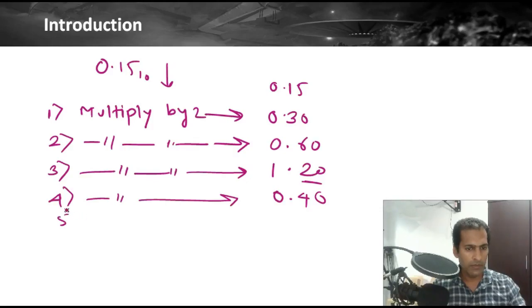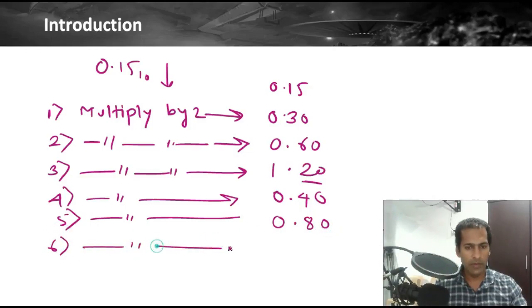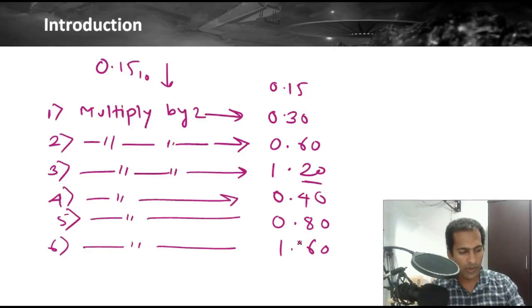And then fifth step again we will multiply it, we will get 0.80. Then sixth again we will multiply, we will get 1.60. This particular fraction can never be expressed exactly in binary. This process may be terminated after a few steps.